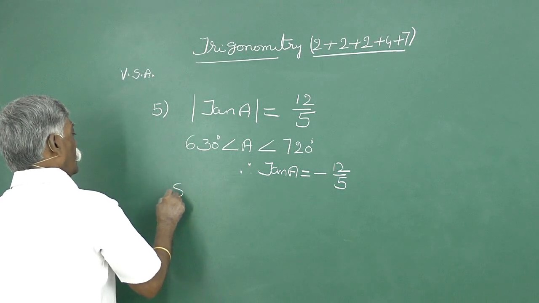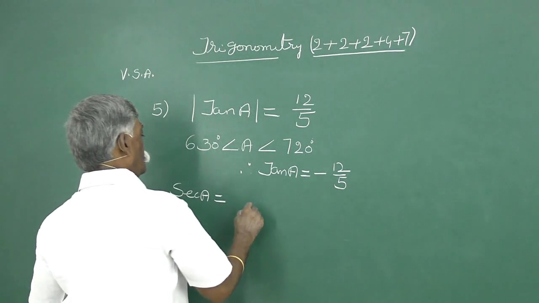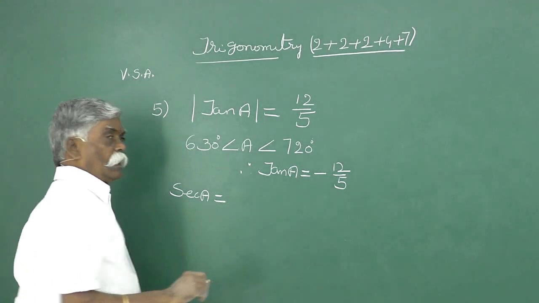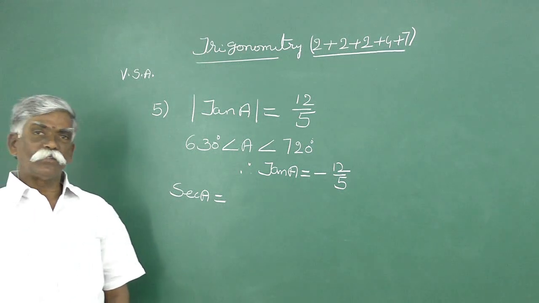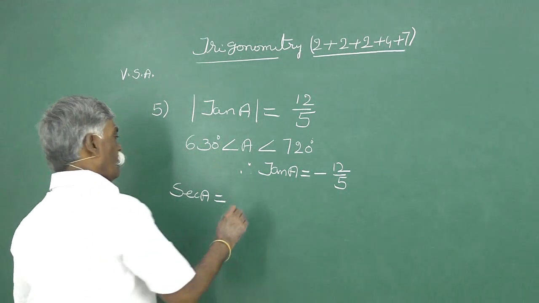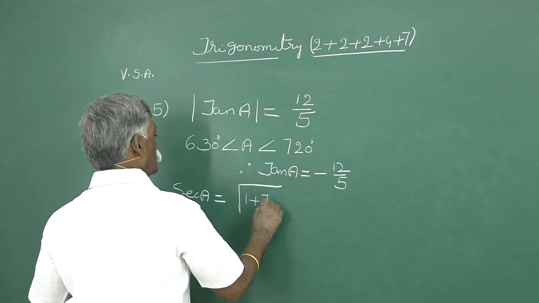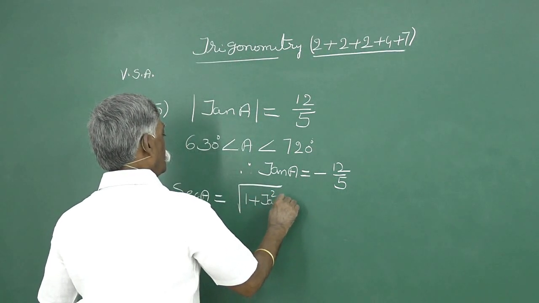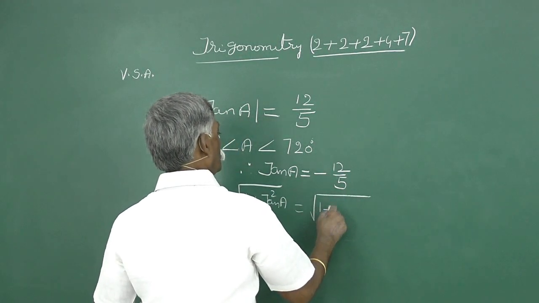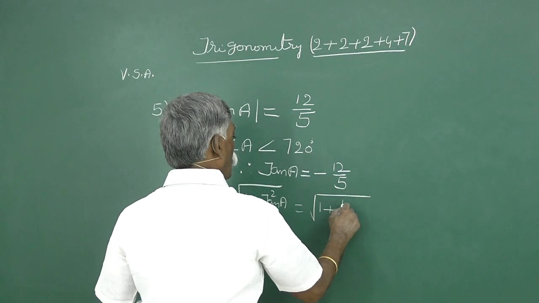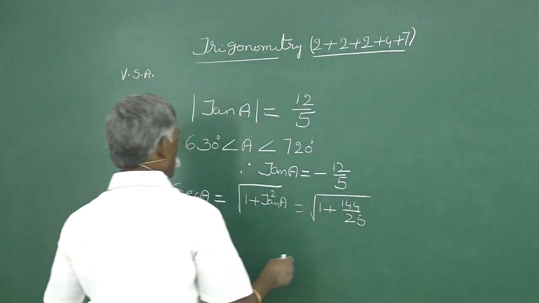Now secant A is equal to, secant in the fourth quadrant is positive. So therefore we have to take the positive value of root of 1 plus tan square A. This is equal to square root of 1 plus 144 by 25.